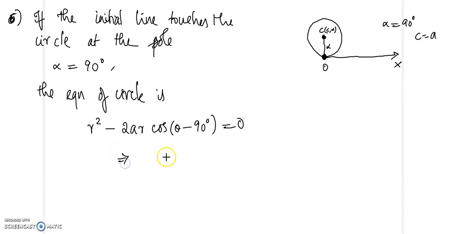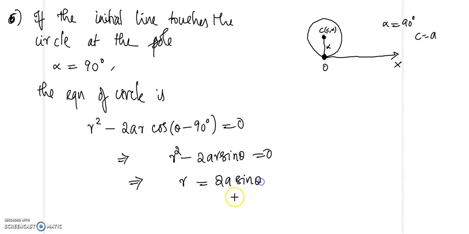So that will become r square minus 2ar sin theta equal to 0. R will cancel off, so we get r equal to 2a sin theta. So that will be the equation of the circle when the circle is touching the initial line at the pole.